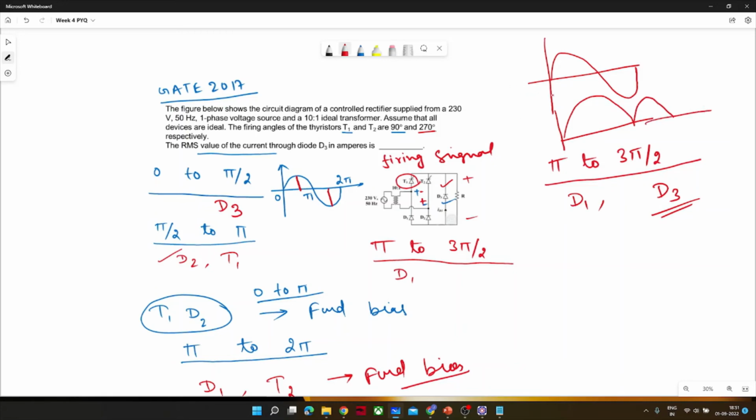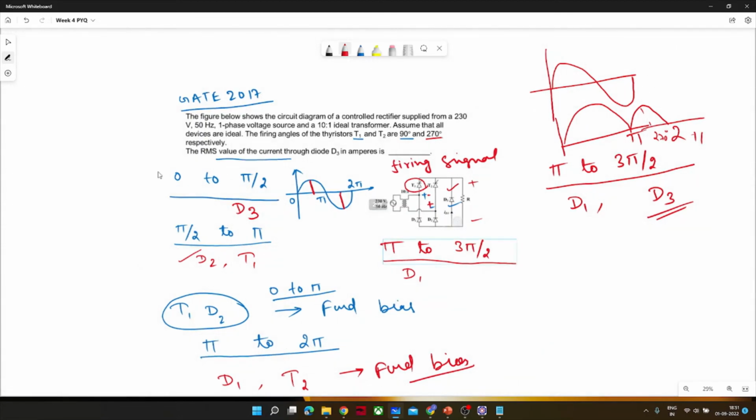After that, from pi to 2 pi, or from pi to 270 degree, no device will conduct. Any doubt on this point? Why, from 0 to pi by 2 or pi to 3 pi by 2, would no device conduct?